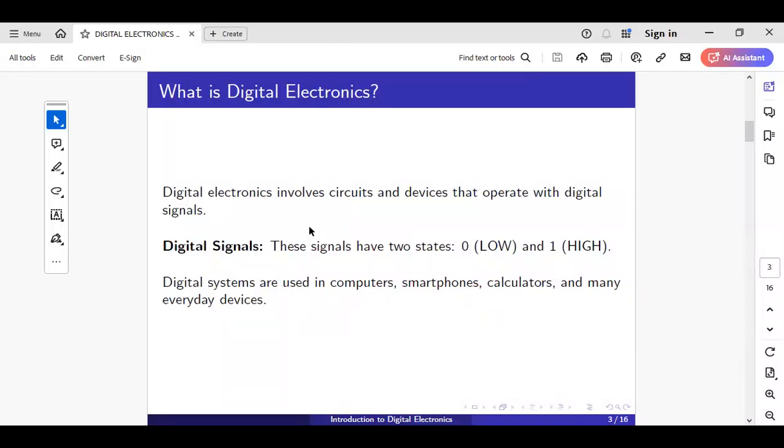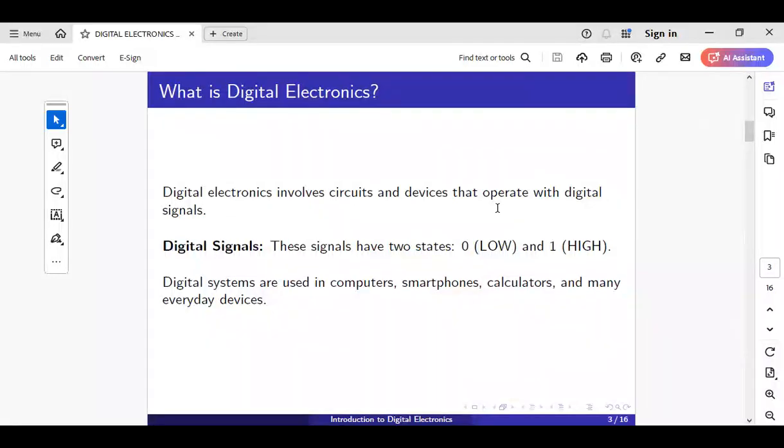But we said we can also have true and false, where true represents 1 and false represents 0. We can have on and off, where on is 1 and off is 0. But we have 2 states. And digital systems are used in computers, smartphones, calculators, and many other everyday devices.